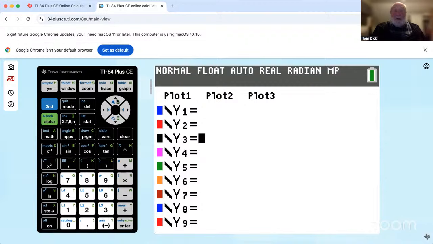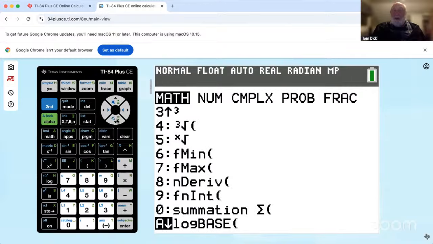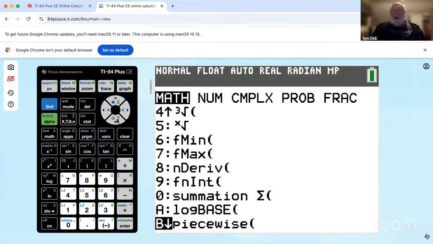Okay, so I'm going to go up on my 84 here up to y1 and actually put in a piecewise formula function that I think will match that graph that we were looking at. I'm going to go to the math menu, and if I scroll down all the way past number 9 to summation, log base, there we go.